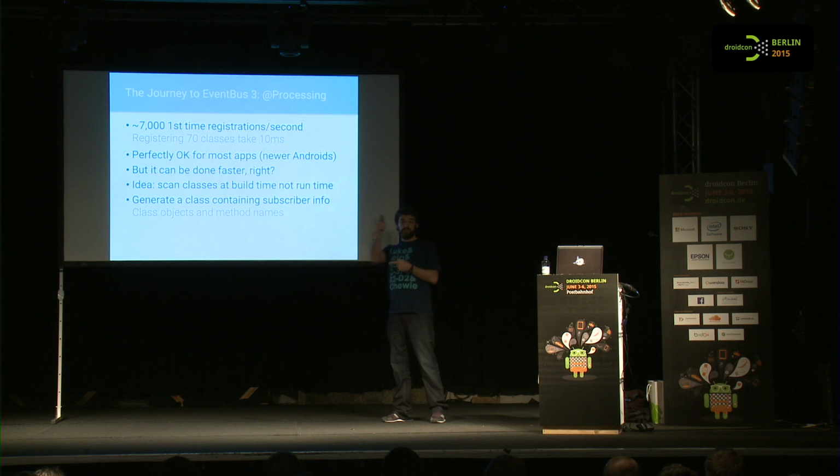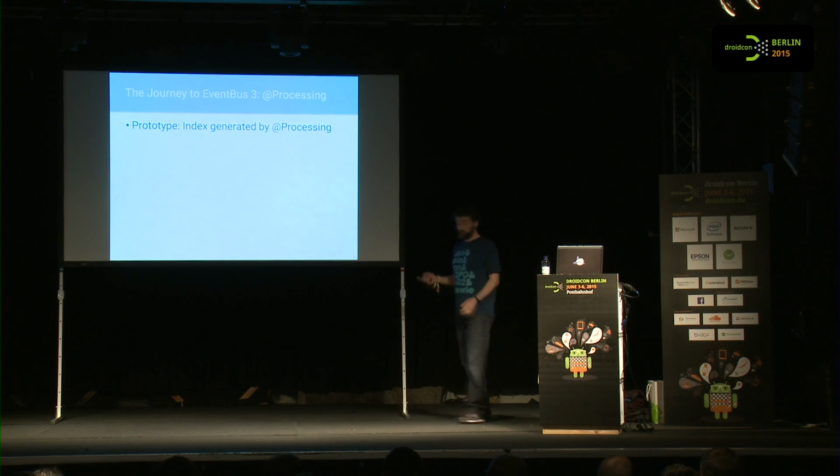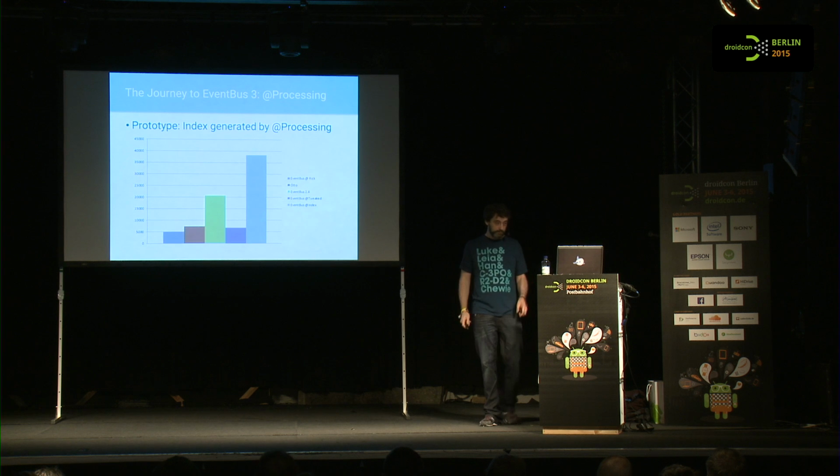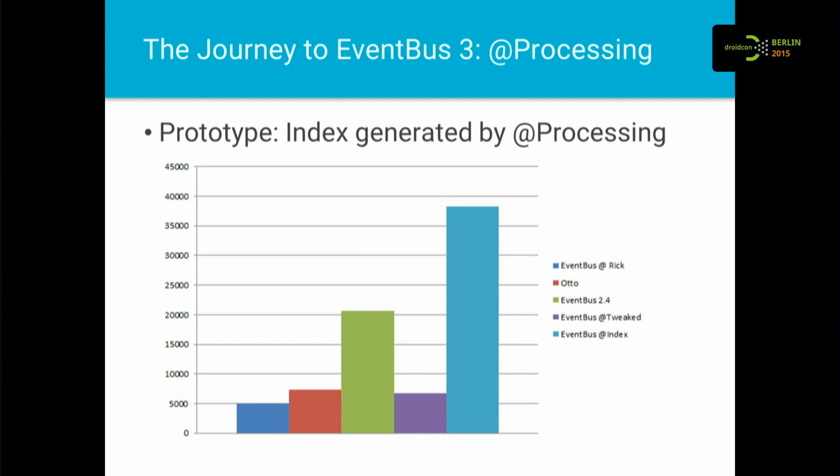By scanning all the annotations at build time, a new class is generated, and this class stores an index of all annotations. This way, it should be faster. So I made a prototype, and this is the performance result, and it's way faster even than EventBus 2.4.